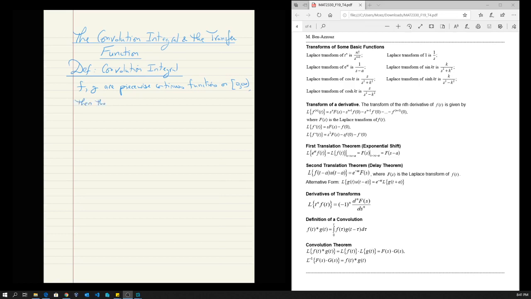Then the special product. Immediately we realize that what we're going to call a convolution is some kind of special product.